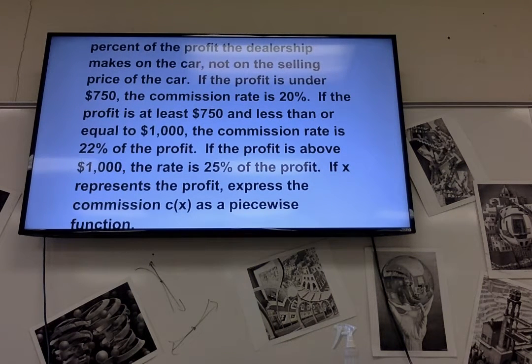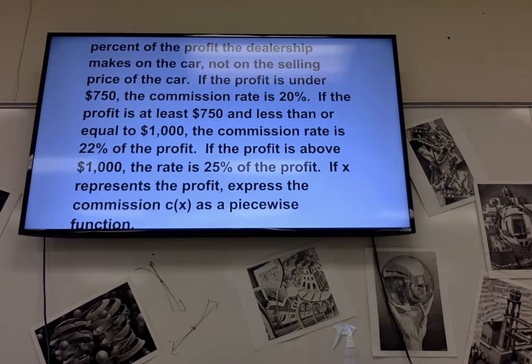That's a very common mistake. People think car salesmen get a lot of money, and they don't, because the profit on the car is really not that much. You may sell a car for $40,000, but the profit is maybe only $1,000.